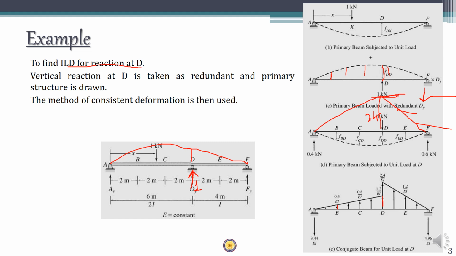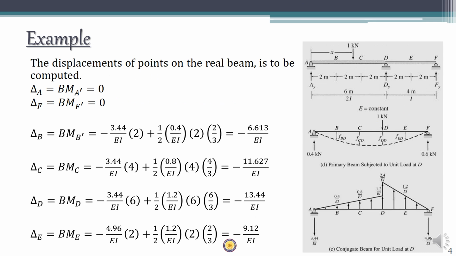Okay, so we'll move. At the beginning you can see that for the real beam, the value of deflection at A and F is going to be 0 only. That's why I can directly write delta A and delta F is equal to 0, right?